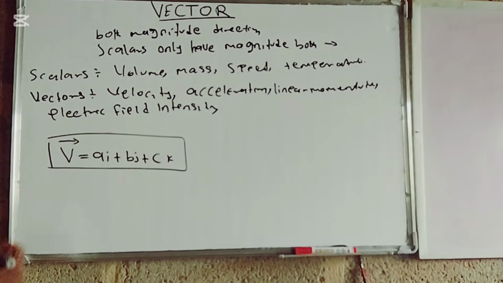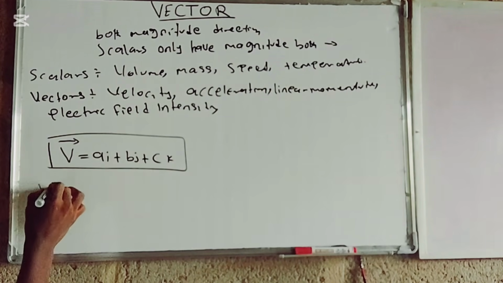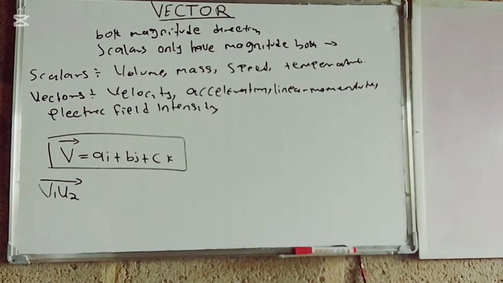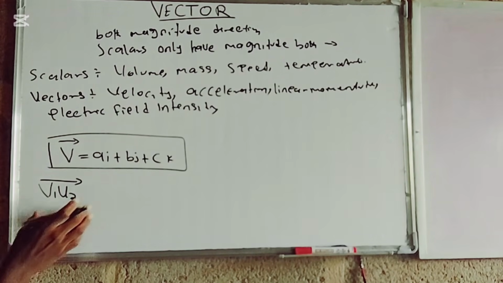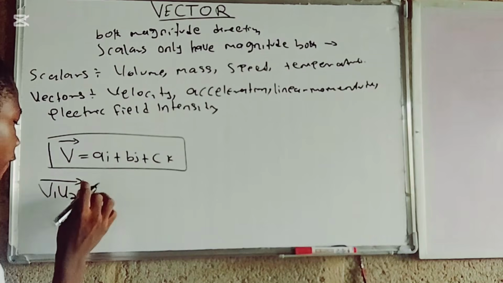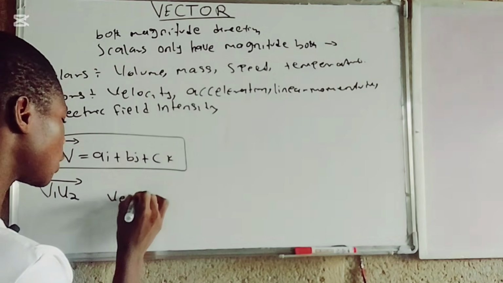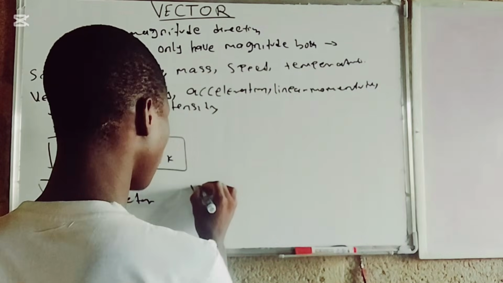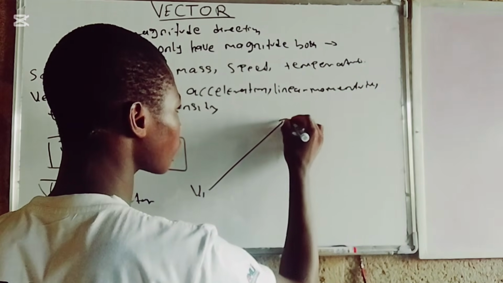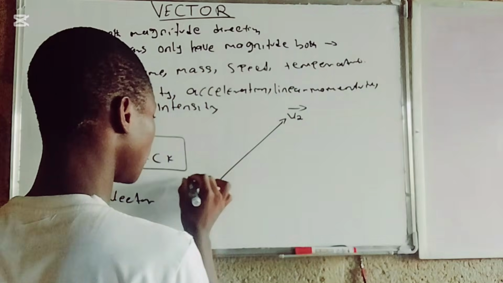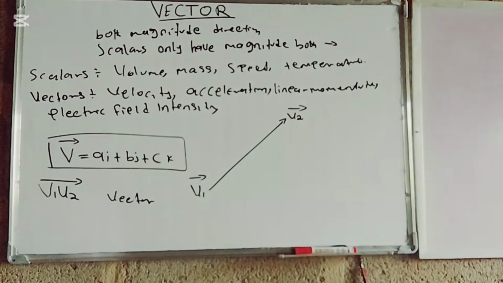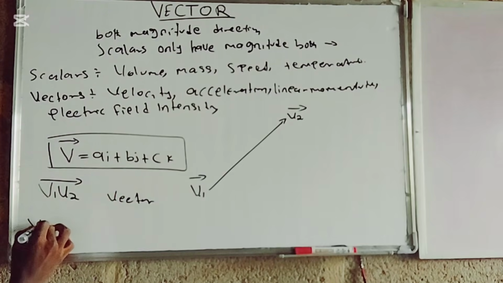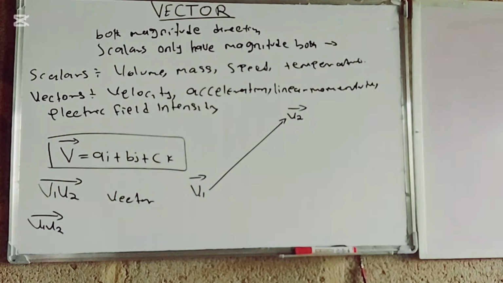Suppose I want to determine the line segment V1 V2, and this is representing a vector. Let's say I have V1 and I have V2.